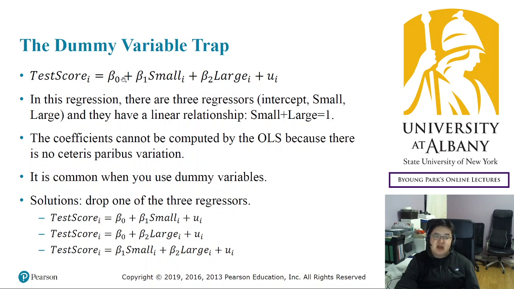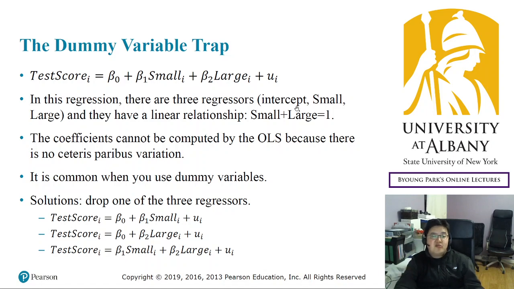You can think that beta 0 plus beta 1 small plus beta 2 large is actually beta 0 times 1 plus beta 1 times small plus beta 2 times large. So the times 1 is hidden. The 1 is a separate regressor, an independent variable itself. So including the intercept, 3 regressors together have a linear relationship.